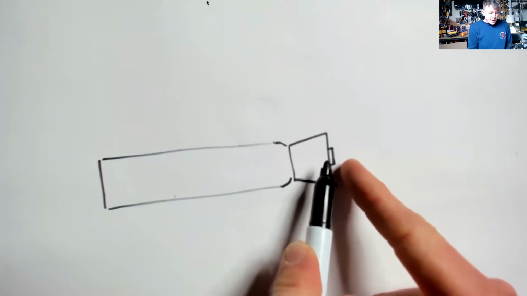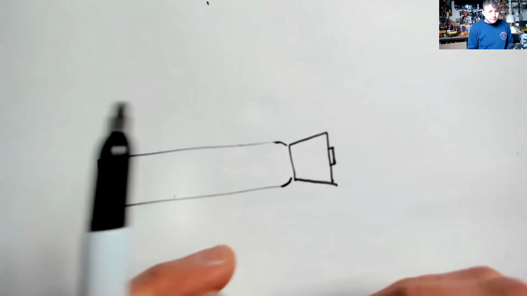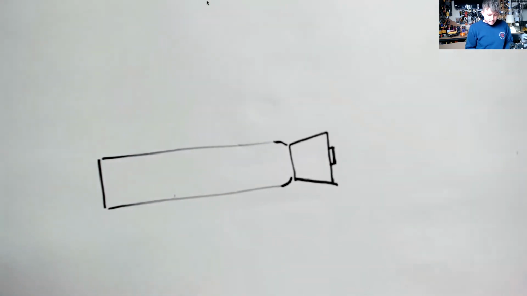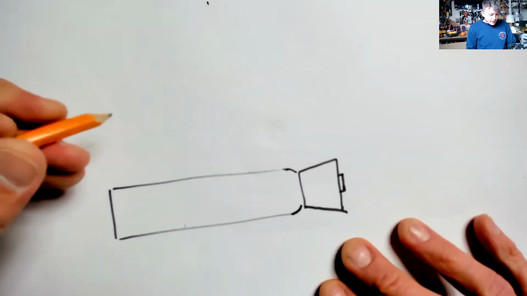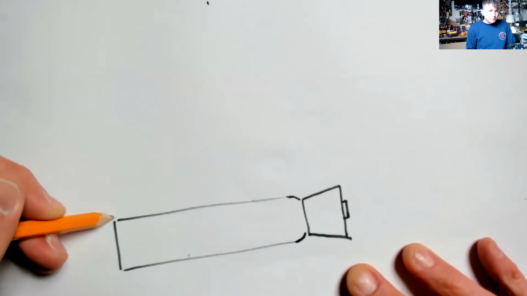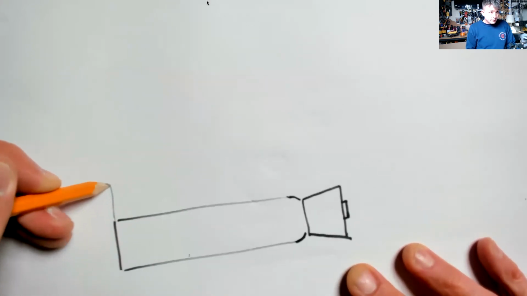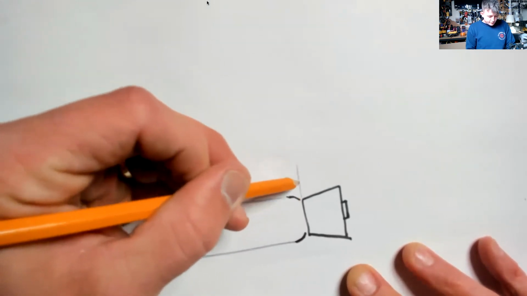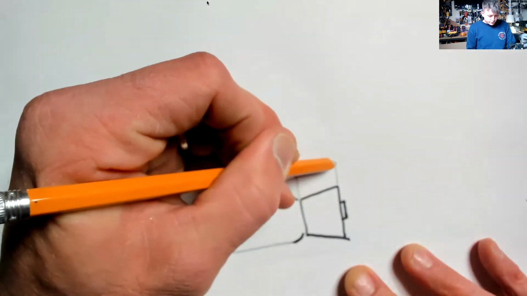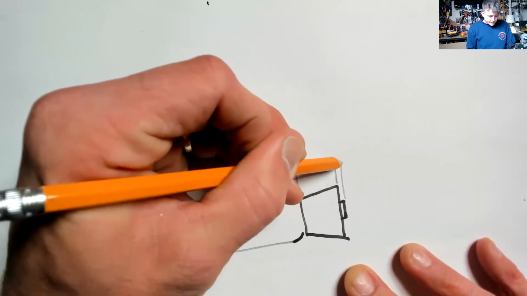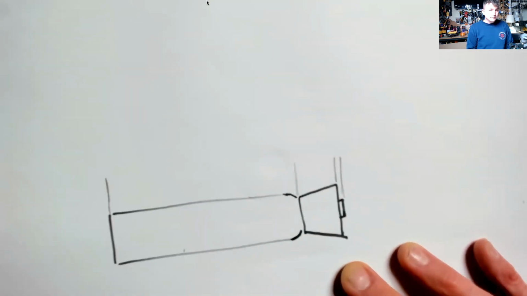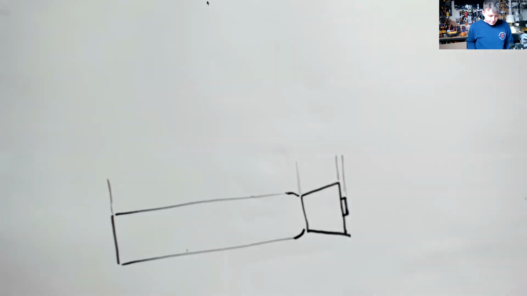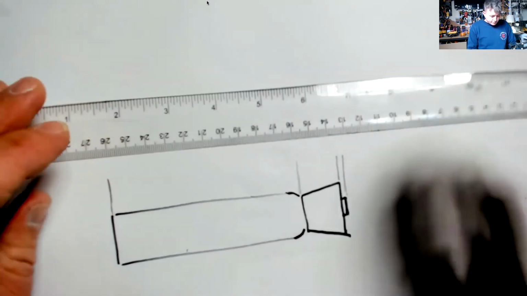So rather than have 4 separate sets of dimension lines here, I'm going to pull out from each feature. So pull off here. I can pull off from here straight up, pull off from this corner straight up, and pull off this little nub straight up. And then I'm going to put arrowheads in between each one.